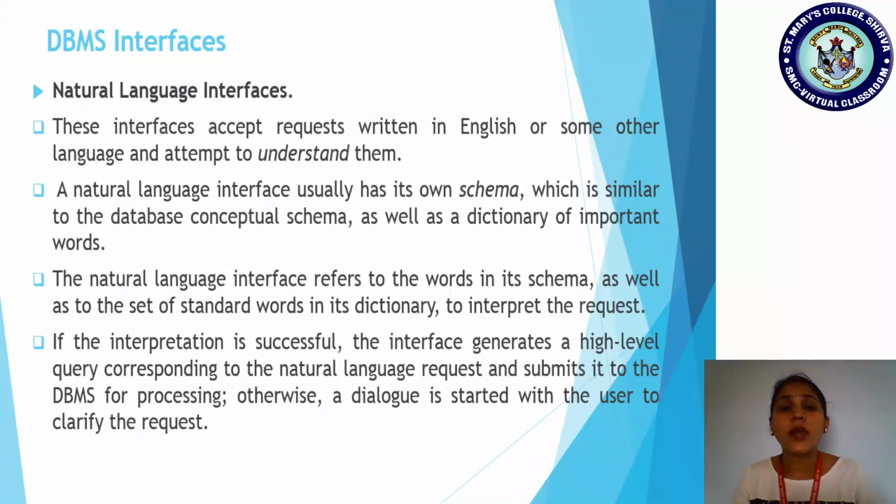A natural language interface usually has its own schema, which is similar to the database conceptual schema, as well as a dictionary of important words. So whichever natural language we use, to frame an interface for that language, what operations have to be performed and how the natural language has to be processed will be defined in the dictionary.